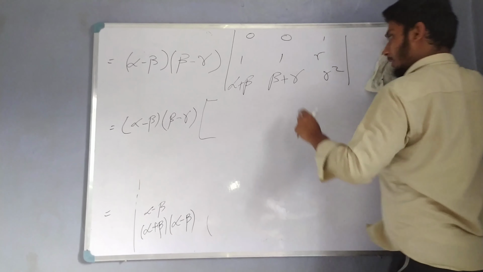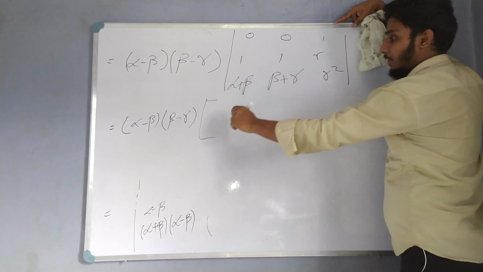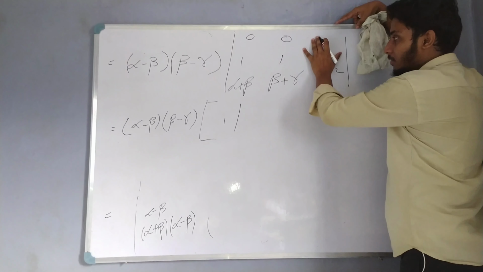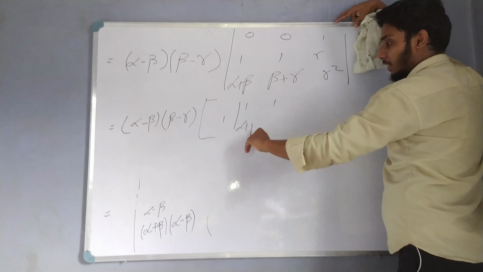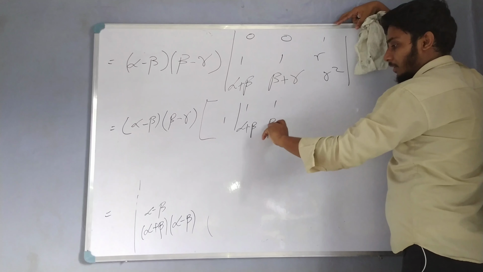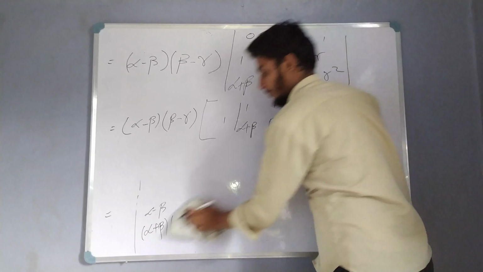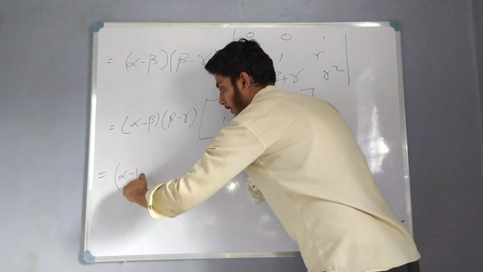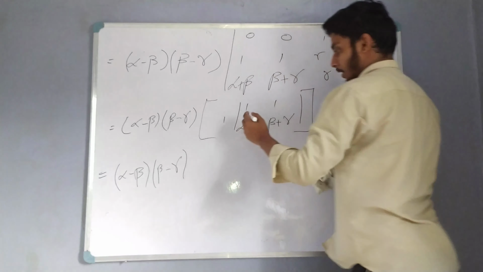Now we are expanding this determinant, but we will not write any term corresponding to this 0 and this 0. So only 1. So 1 after removing this column and this row, it will be 1, 1, alpha plus beta and beta plus gamma. Alpha minus beta, beta minus gamma.